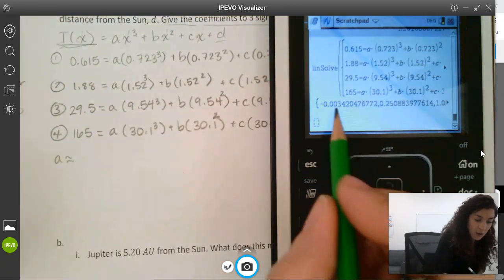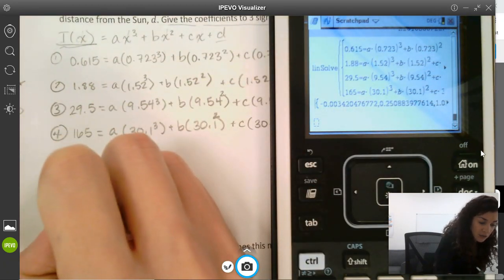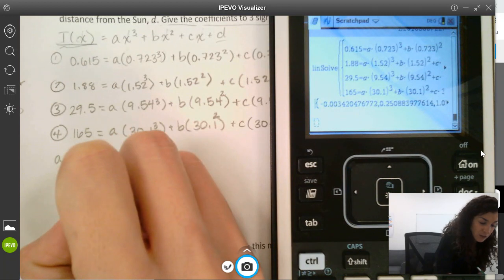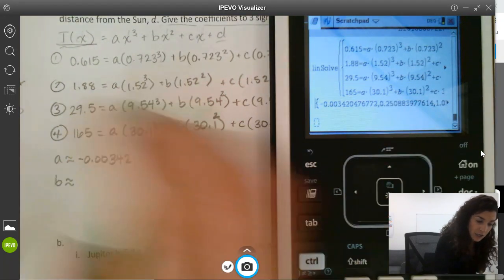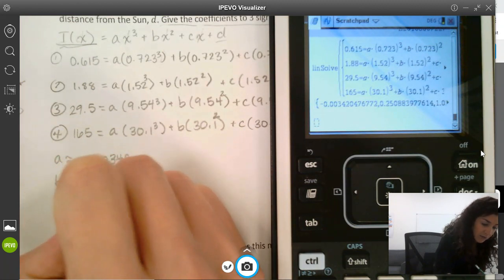So A is about this first number, negative 0.00342. B is about 0.251.